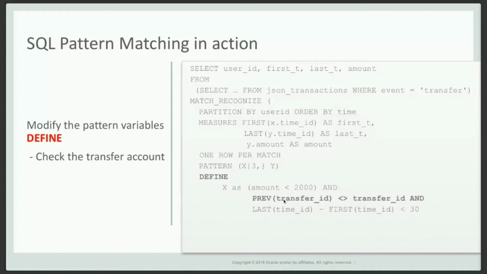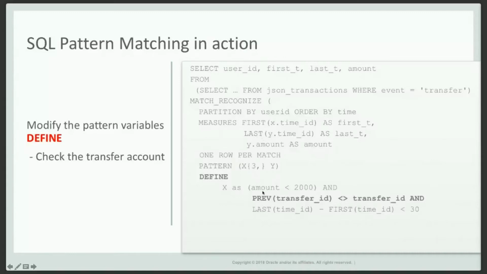So I'm able to step backwards. I can also use next to look forward. So previous and next allow me to look forwards and backwards through the data set and then compare values with the current row. You've also got things like first and last.